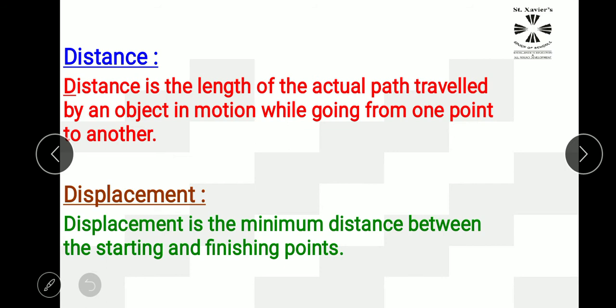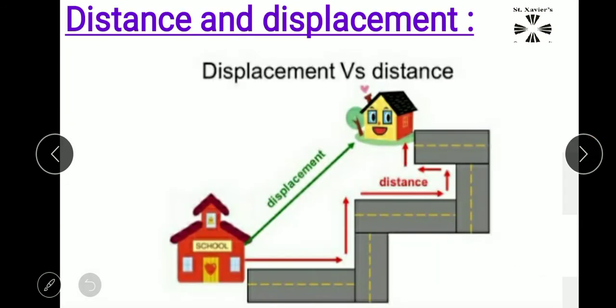Let us understand this with the help of a picture. Here, the green line represents displacement, whereas the red line represents distance.